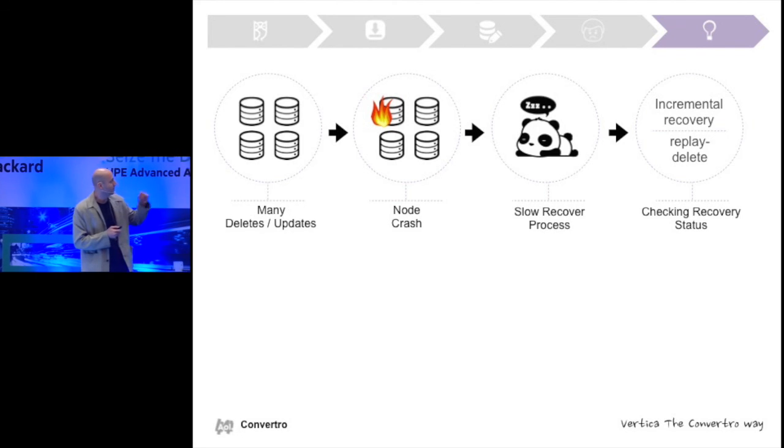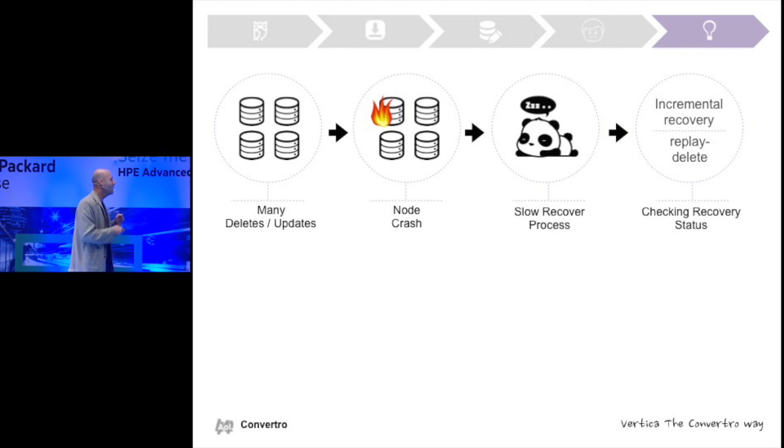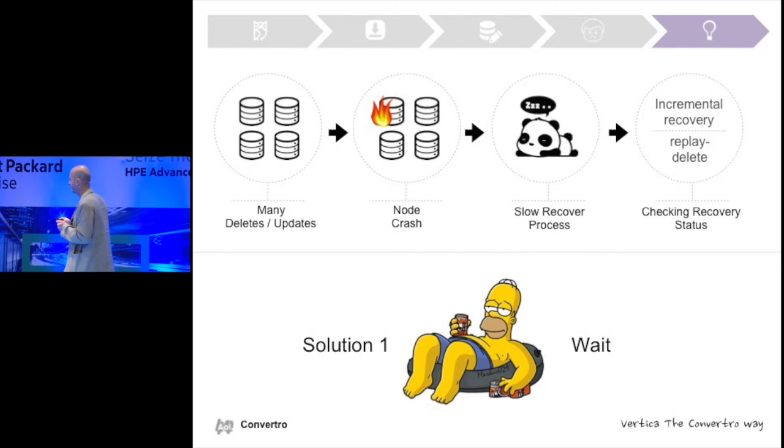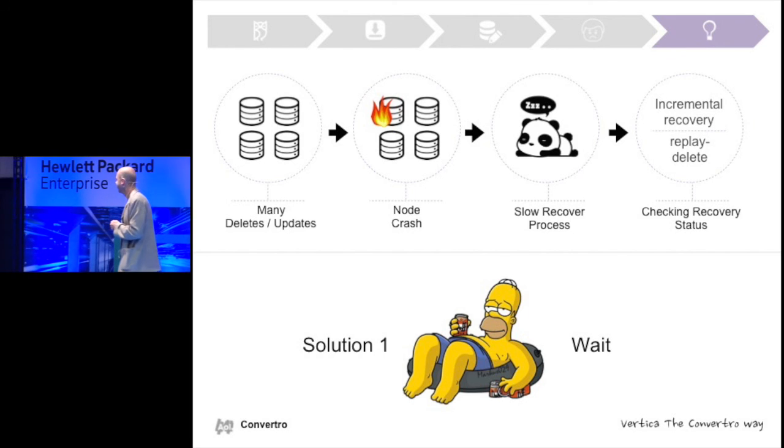So you're waiting and waiting, and then you check the status in Vertica to see what's going on with recovery, and you see in the tables that it's doing an incremental recovery, replay delete recovery. It's not moving. So what can you do? You just wait, if you have time.